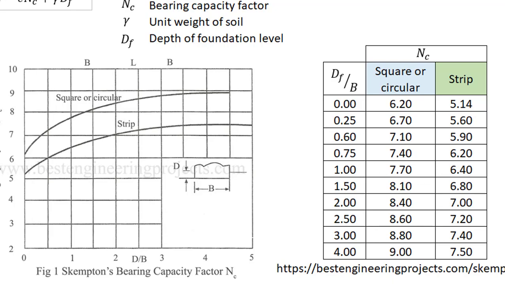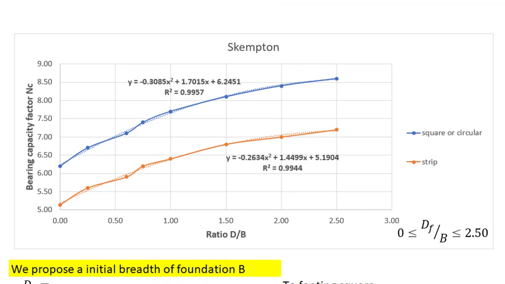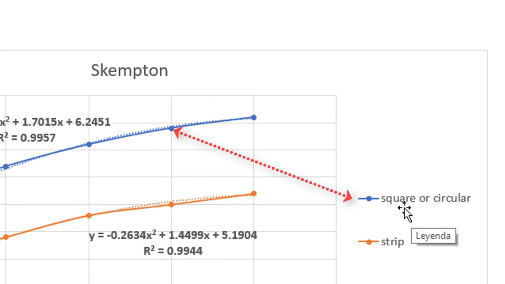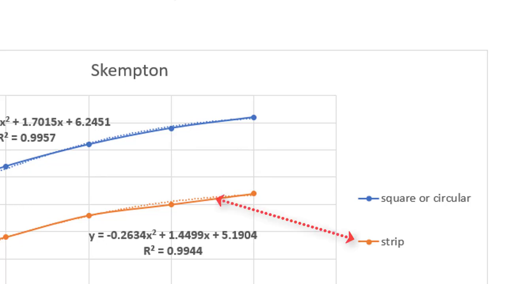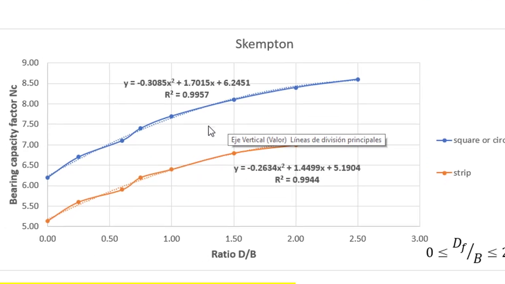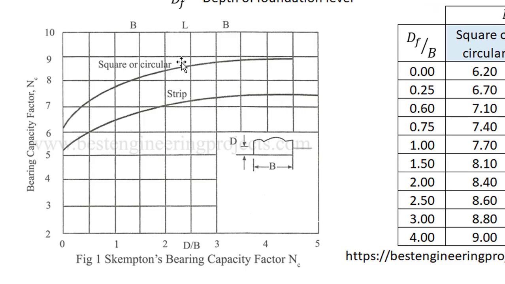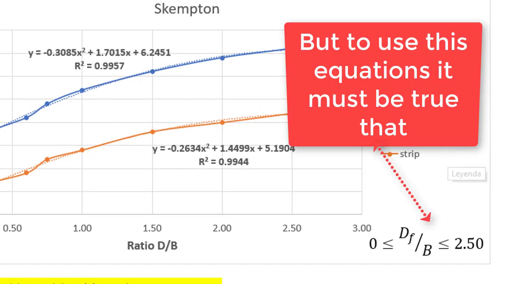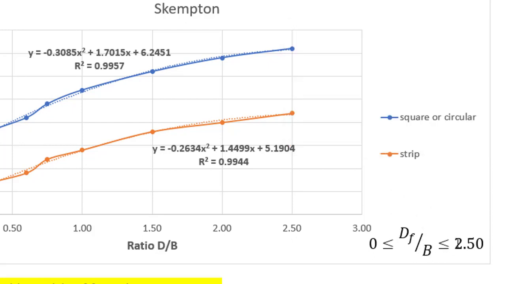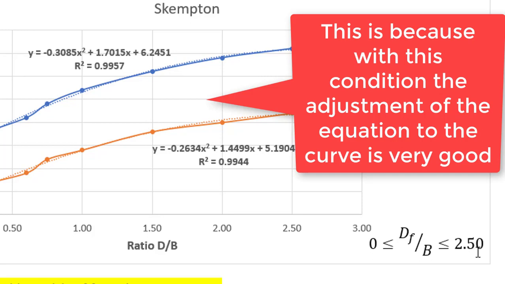In order to avoid that, we have graphed the curves. The blue curve is for a square or circular footing, and the orange curve is for a strip footing. This graph is the same as this graph, but we have limited D between B to less than 2.50.